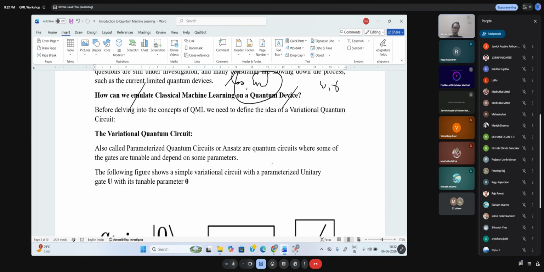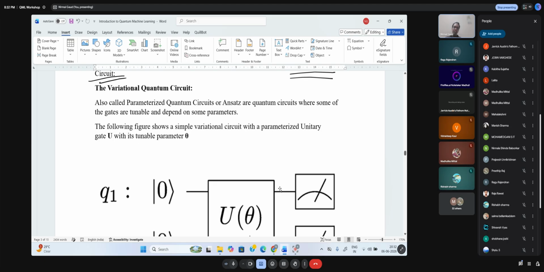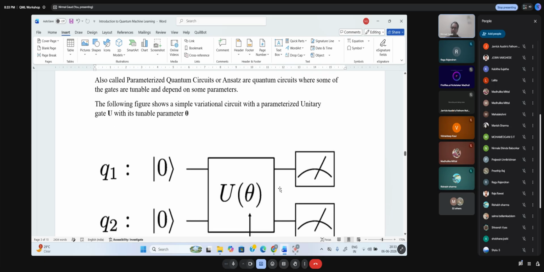Let's go through the idea of a variational quantum circuit. Let's design a circuit inspired by quantum machine learning. What is present in a variational quantum circuit? They are also called parameterized quantum circuits. Obviously, in machine learning we also have the parameters, as I told you, W and B, weight and bias.